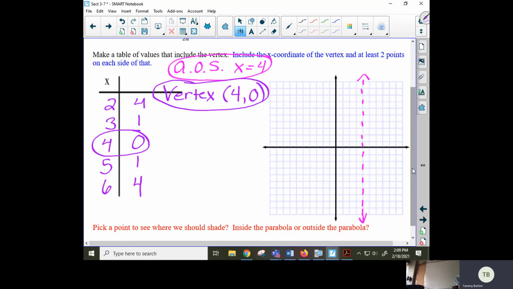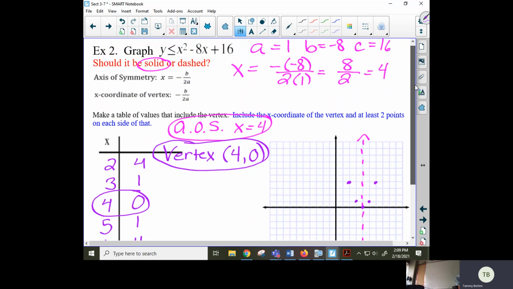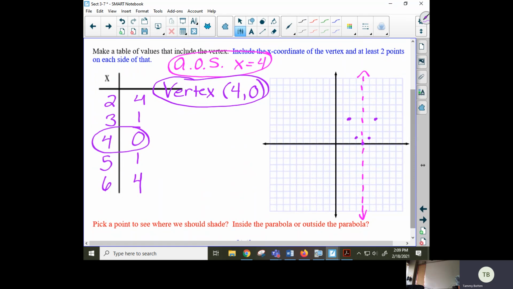And then I'm going to go ahead and graph those points. So at 2, I'm up to positive 4. At 3, I'm at 1. At 4, I'm at 0. At 5, I'm at 1. At 6, I'm at 4. And we talked about how this is going to be a solid parabola. Okay?